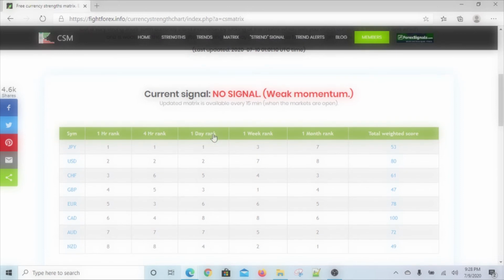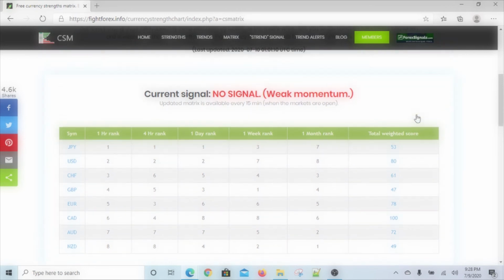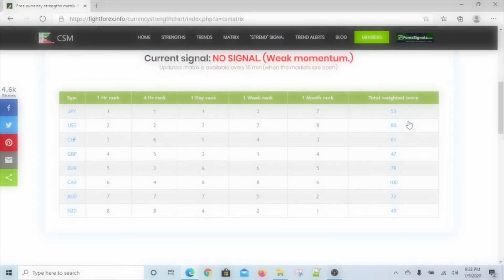What we have found based on our experience is that there are times when the currency strengths don't really have a clear winner and a clear loser, like no currency that is strong enough to open trades, or a currency that is weak enough to open trades. It's very simple, really.